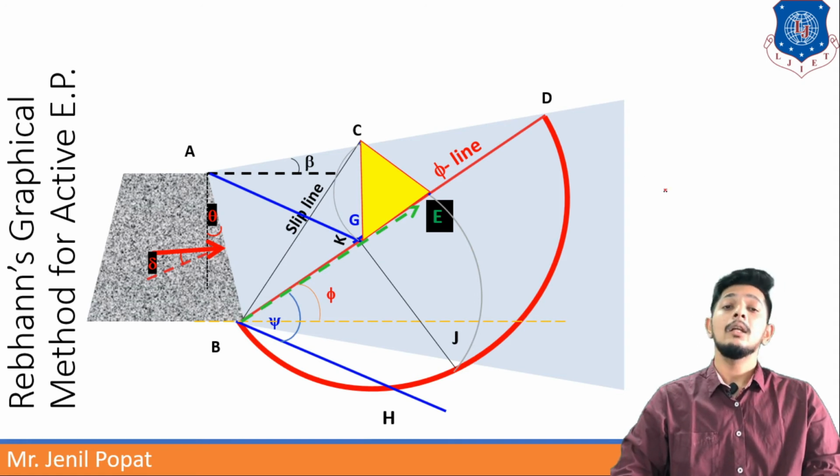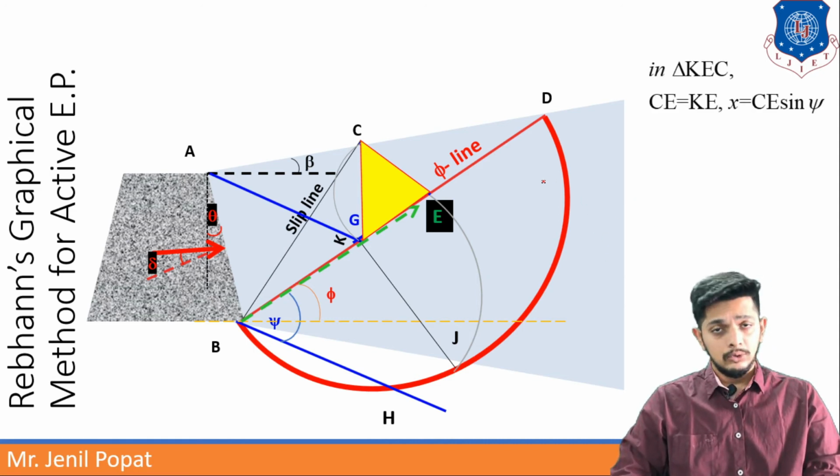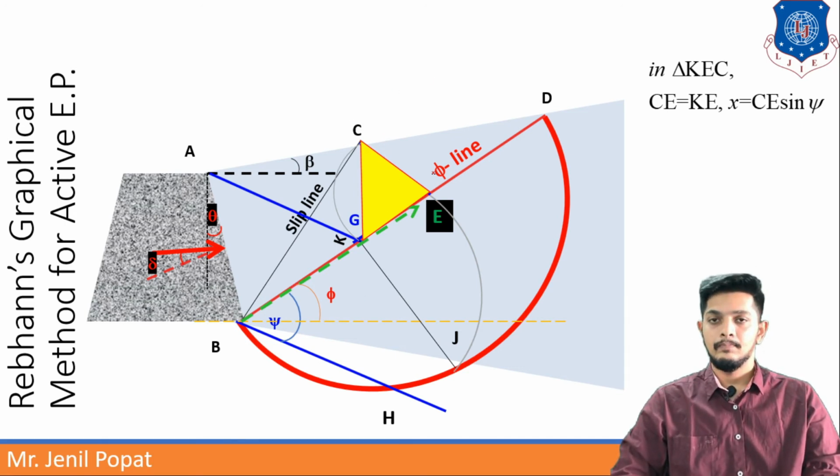The area of this triangle will be critical to understand the active earth pressure amount. So through calculations, in triangle KEC, CE will be equal to KE. The number of iterations suggests that every time CE will be almost equal to KE.